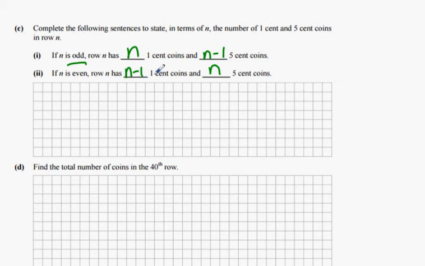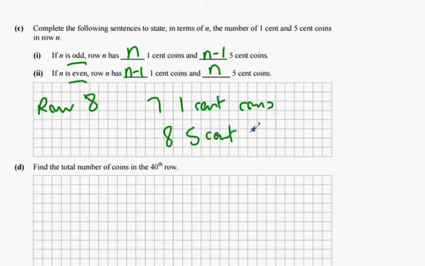Okay? For every row, as an example, if I called out row 8, what would you tell me? Row 8 is even. How many 1 cent coins would I have? 7 1 cent coins. How many 5-cent coins would I have? 8 5-cent coins.